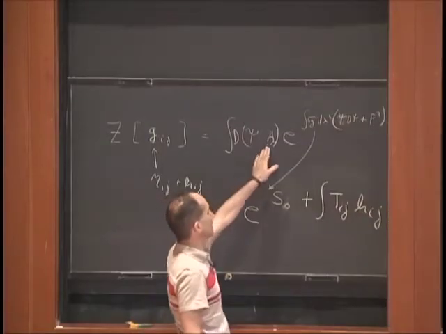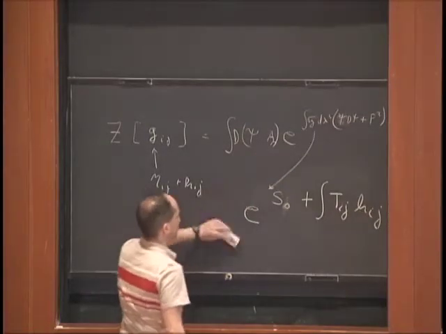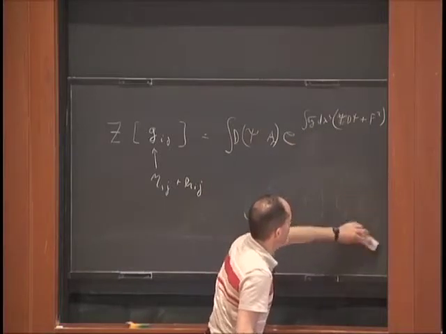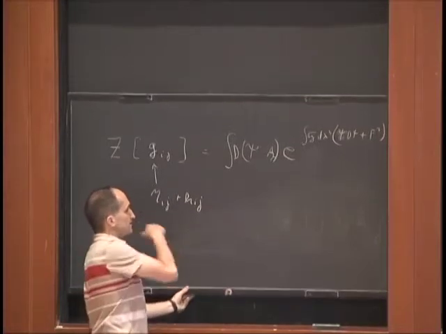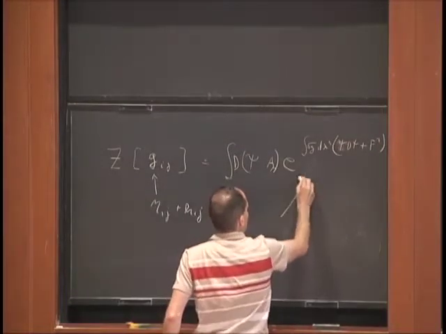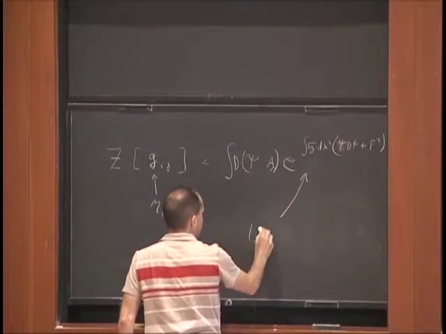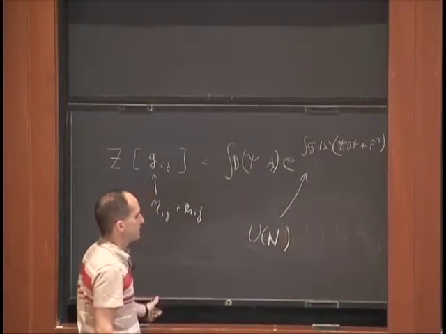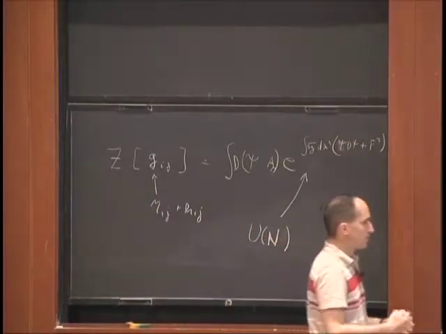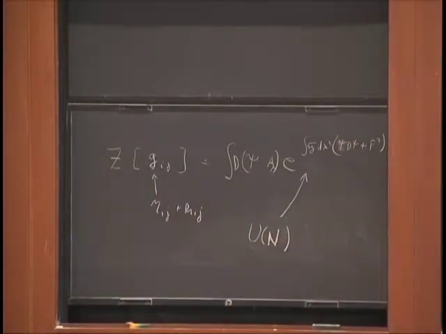So in most examples, it's a gauge theory with gauge group U(N), let's say, or SU(N). And in such gauge theories, one can do a large N expansion, where this quantity is proportional to N squared, this is independent of N, and this is 1 over N squared.